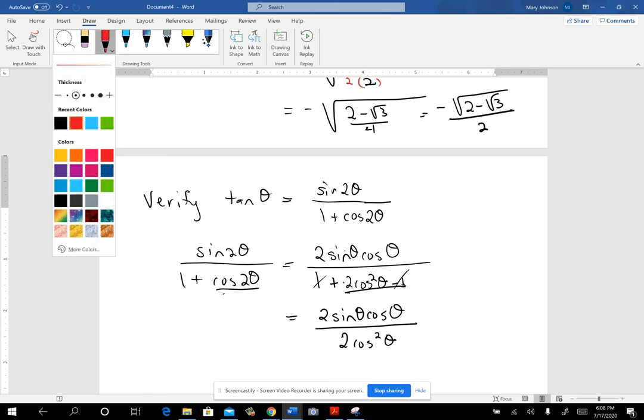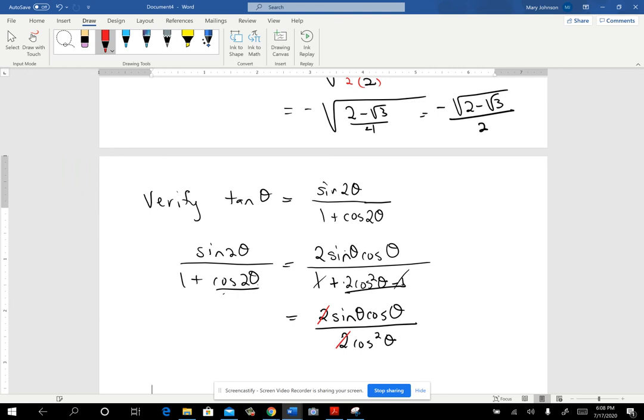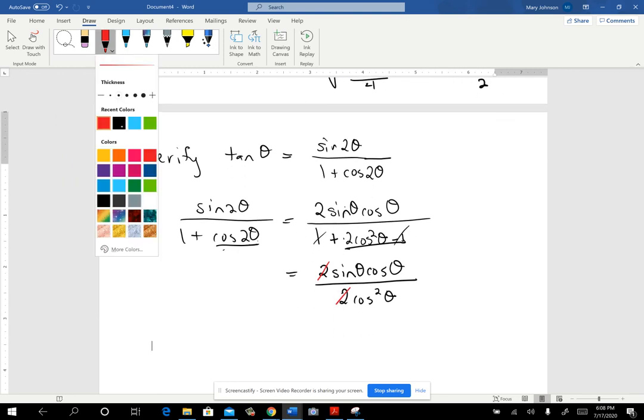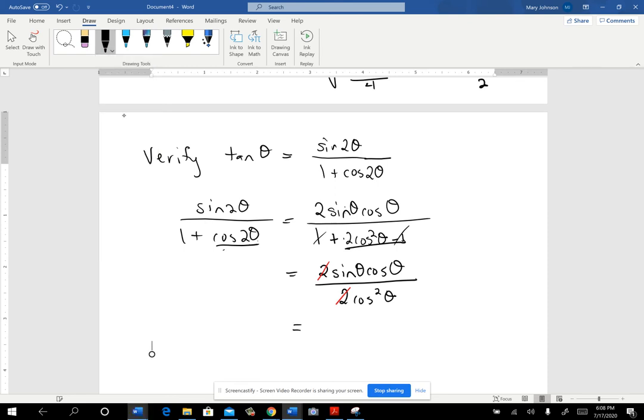Okay. So now the 2's can cancel out. And then don't forget what that denominator really is. Oops, the 2's were already out of there. The denominator is really cosine theta times cosine theta.